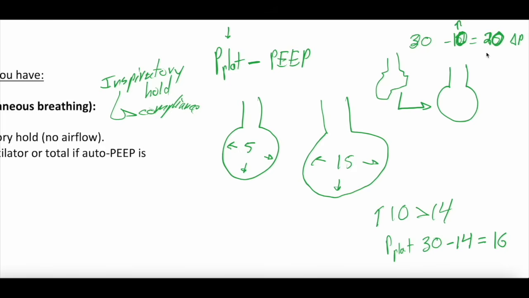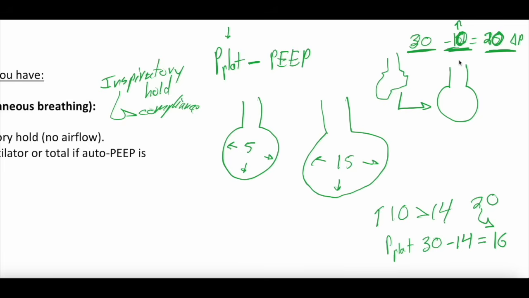Whereas at a PEEP of 10, that driving pressure was 20. So I went from a driving pressure of 20 down to 16, which then tells me that that PEEP change was good. Changing that PEEP from 10 to 14 just helped recruit more alveoli, that before they were under distended, because the plateau pressure didn't really go up much, even with an increase in PEEP, which made that driving pressure go down.